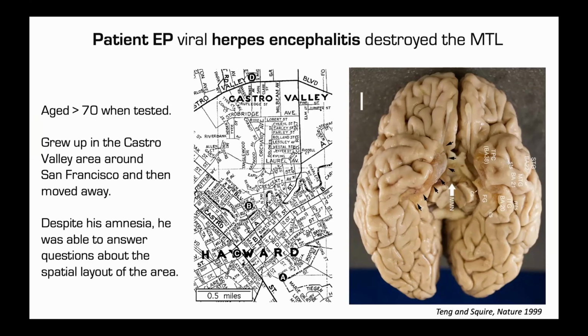So it was even worse than HM, and it was bilateral. And this patient, even though he lost all the hippocampus and the medial temporal cortex, was able to remember how to go from place to place in Castro Valley in San Francisco, because he was a deliverer. He had a job that allowed him to really know the map. But he moved after the lesion into a new neighborhood and couldn't remember anything.